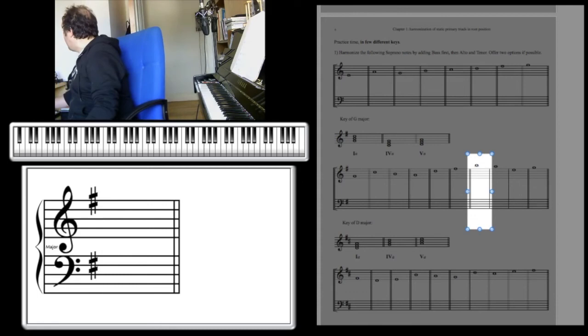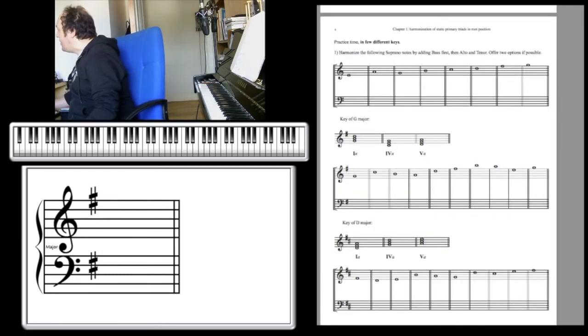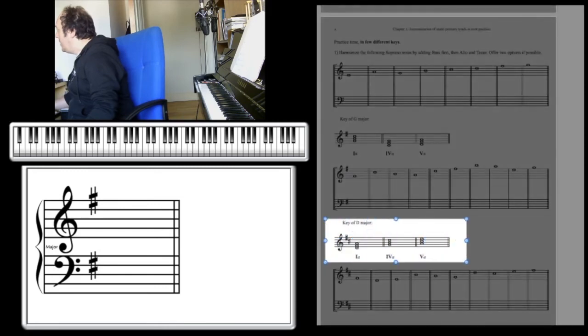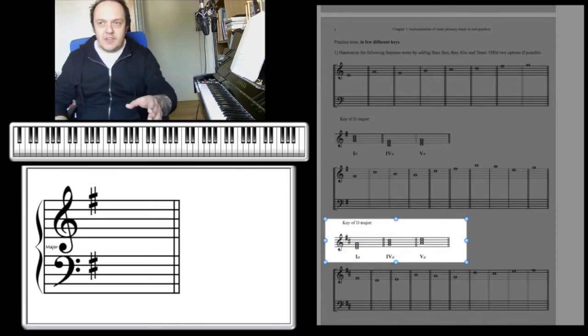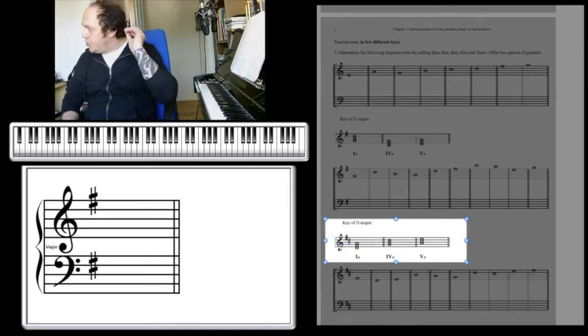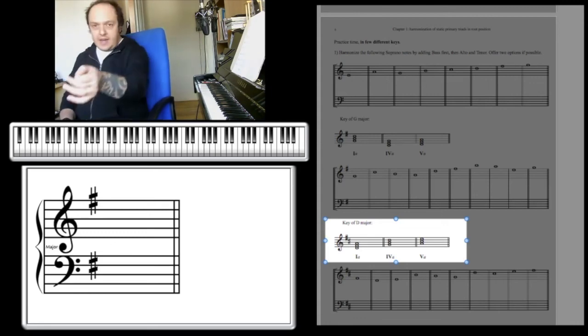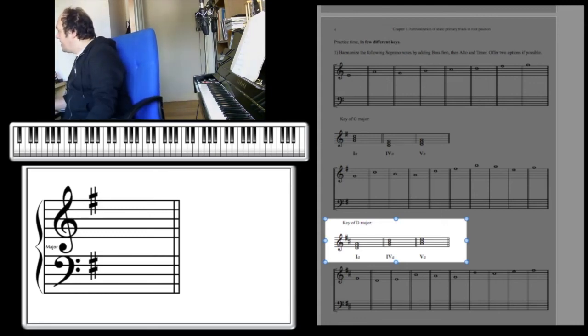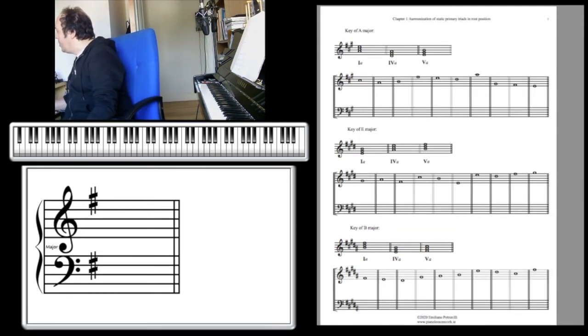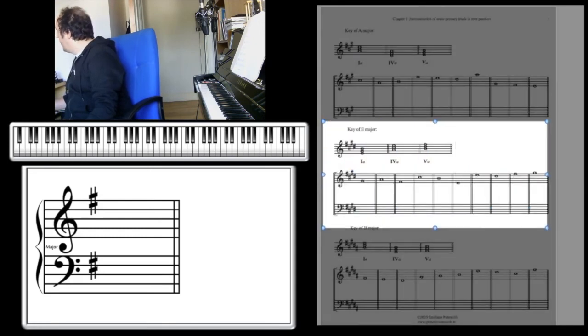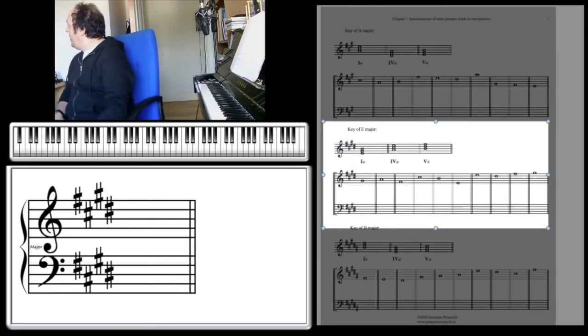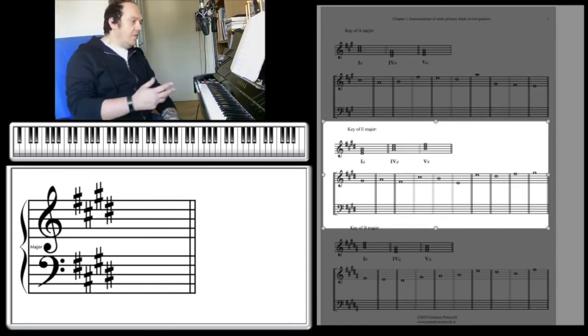And you see, I remind you of the primary triads in each key so that there's no room for mistake. At the mention of a key, those 3 chords should just pop in your brain, like if you're opening a drawer. Say, for example, okay, let's go key of E major. Key of E major, there you go. Let's change the key in the software as well. 4 sharps, key of E major.